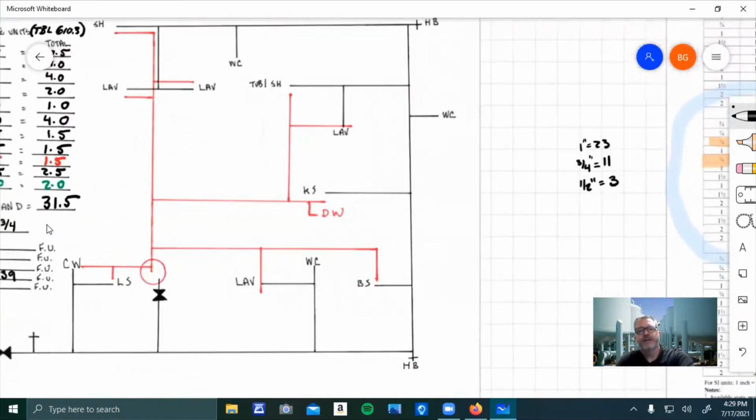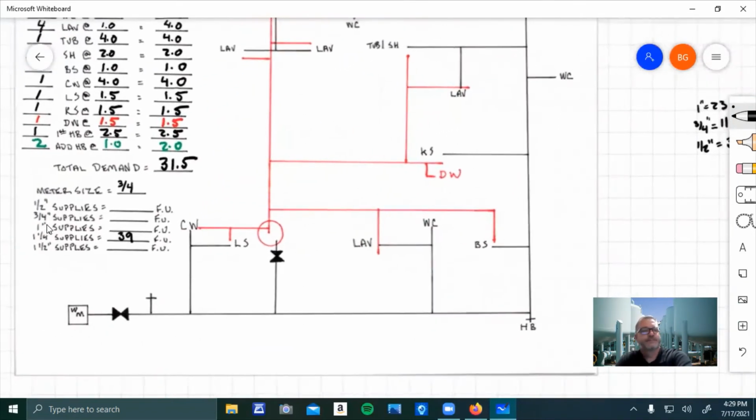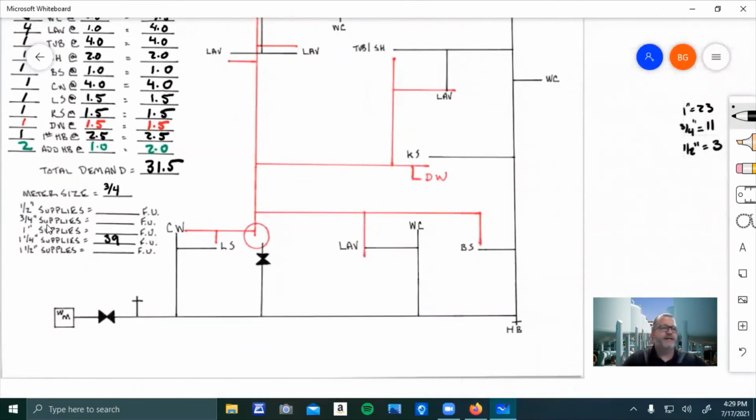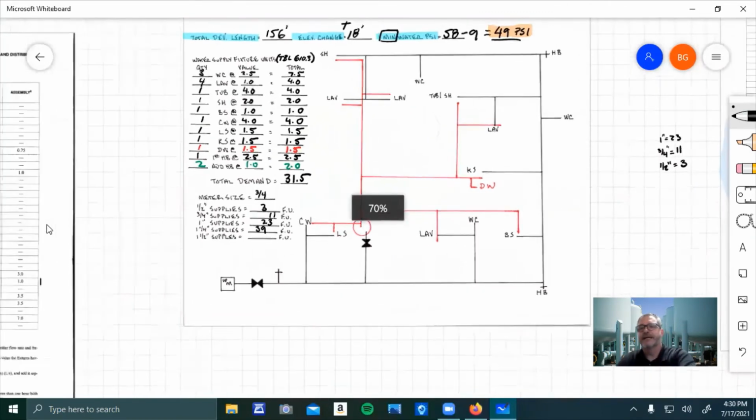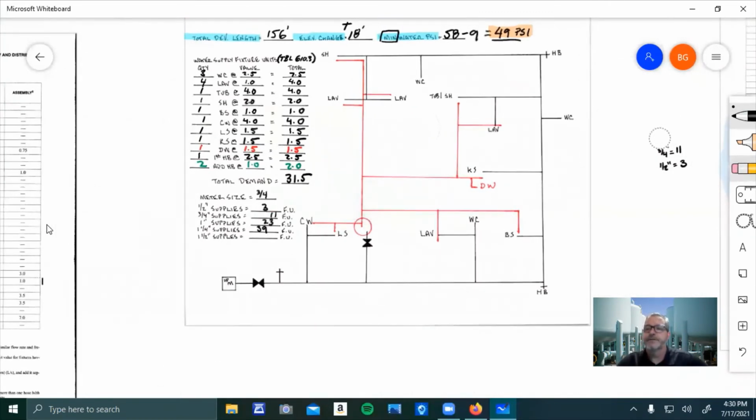So we can go back over here. And for 1/2 inch, I can put 3 fixture units. For 3/4, I can put 11. And for 1 inch, I can put 23. Okay. Now we can actually start looking to size out the entire system. Erase that. Let's blow this thing up a little.